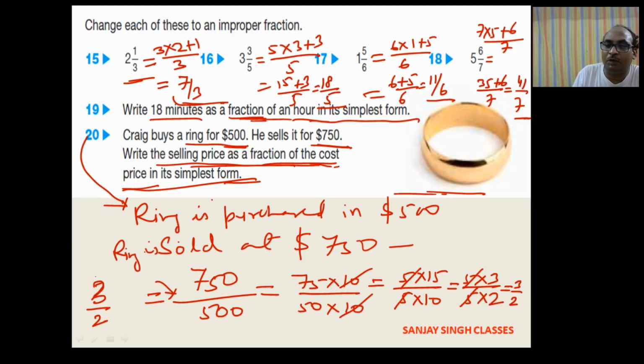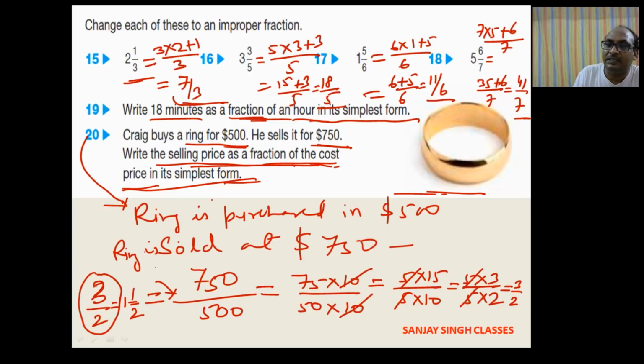So it is an improper fraction. Selling price as a fraction of cost price in its simplest form. Now 3 by 2 we can write as 1 and 1 by 2. So it is 1.5 times.